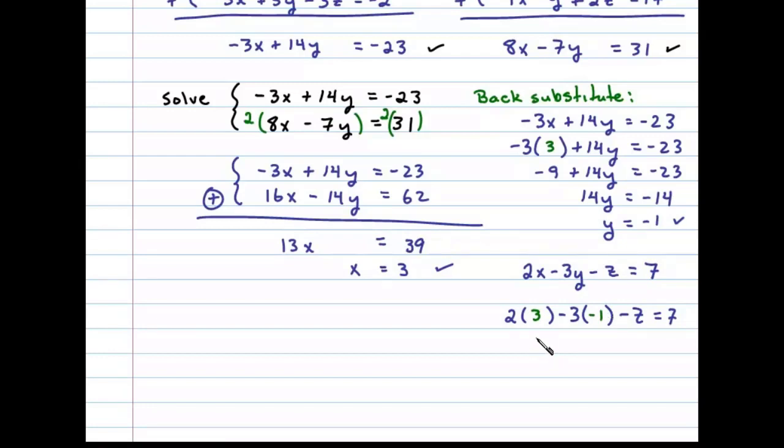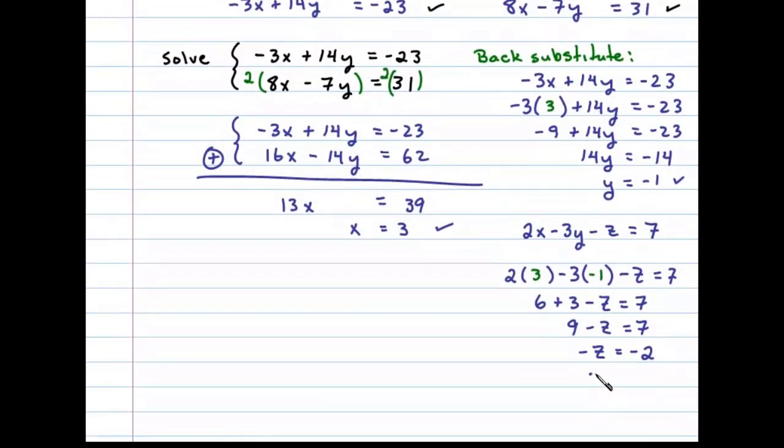And that'll leave us with 6 plus 3 minus z equals 7, or 9 minus z equals 7. Subtracting 9 on both sides, we're left with negative z equals negative 2, or z equals 2.